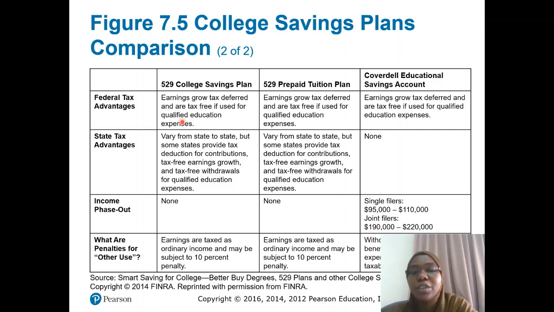And then the state tax advantage varies from state to state, but some states provide tax deduction for contributions. So these are just things that you need to study on your own before you can decide whether to go for the savings plans.